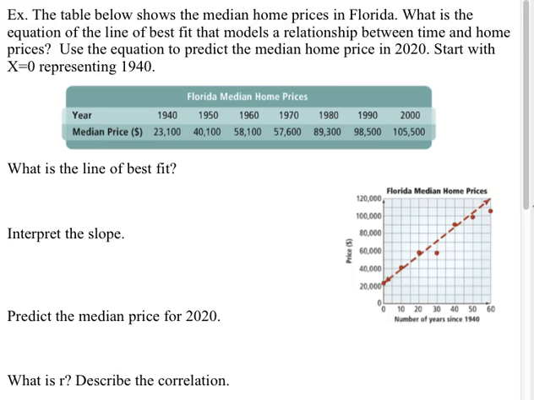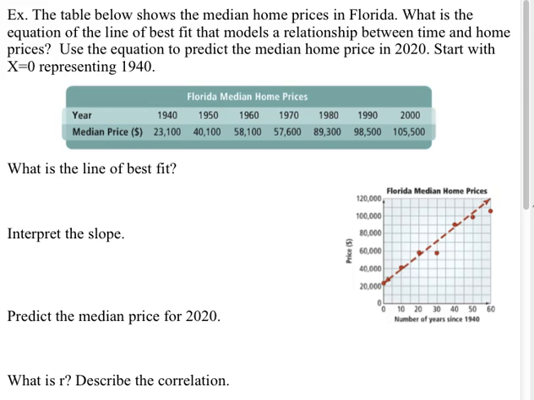Now let's look at this data. The table shows the median home prices in Florida. What is the equation of the line of best fit that models the relationship between time and home prices? Use the equation to predict the median home price in 2020. Start with x equals 0 representing 1940.